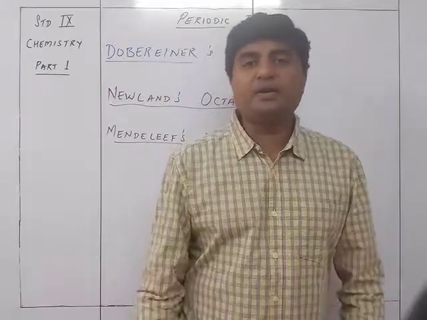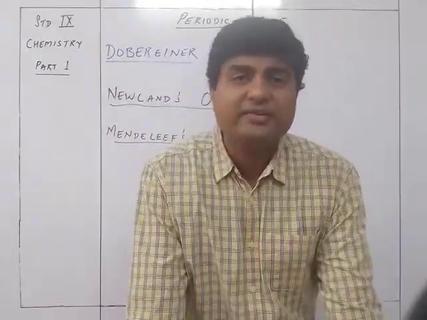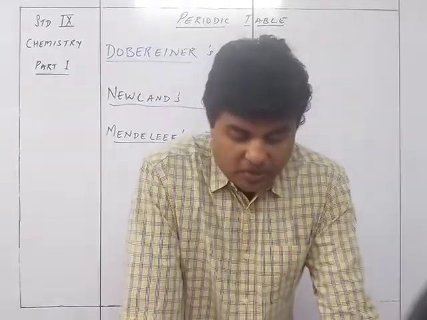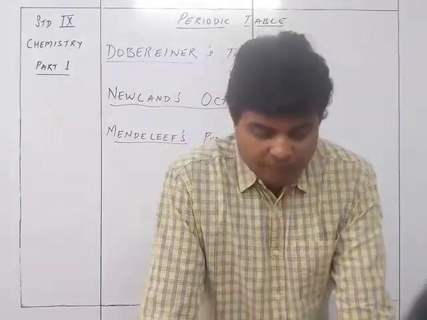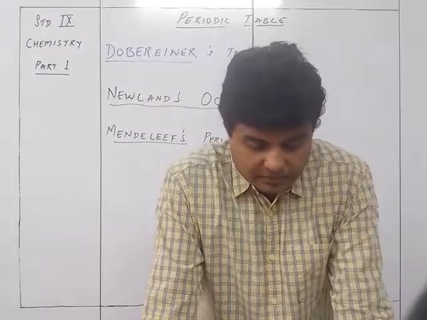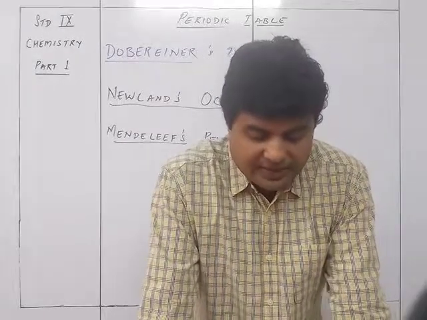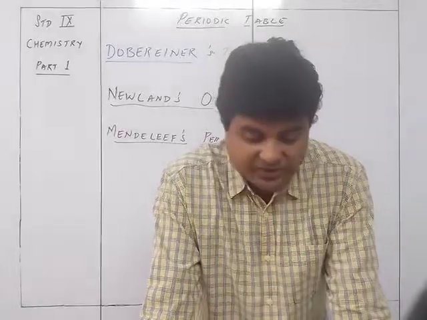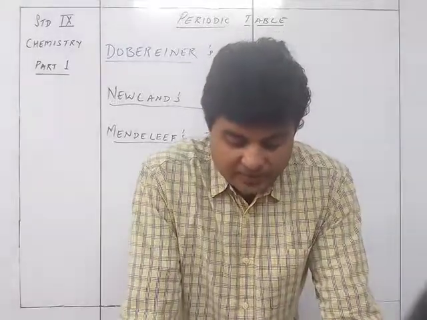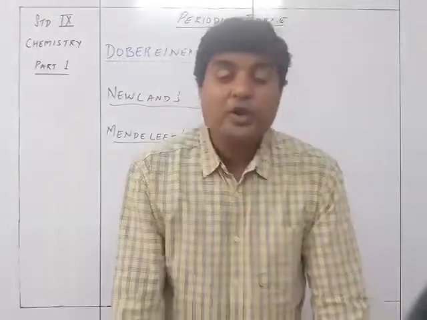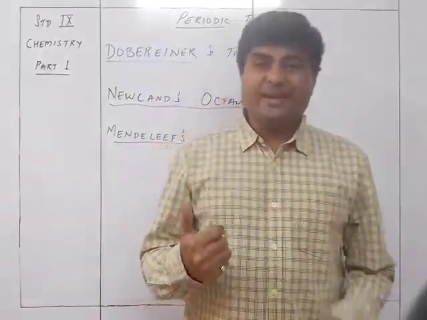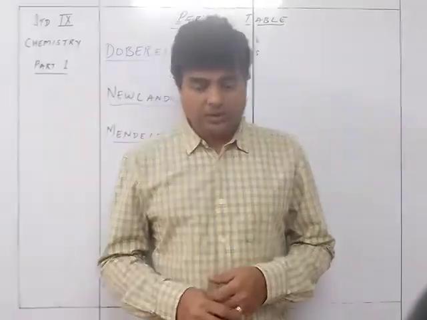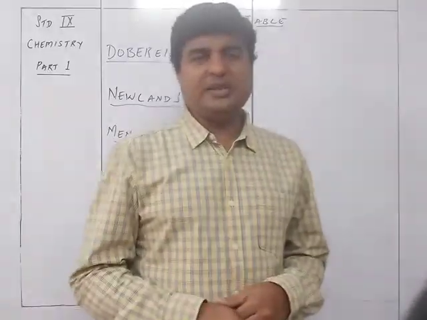That is what he called periodicity. The periodic properties are the properties which repeat themselves at regular intervals in the periodic table. They are atomic radius, which is the size of the atom, and ionization potential, which we will discuss later in the 10th standard.